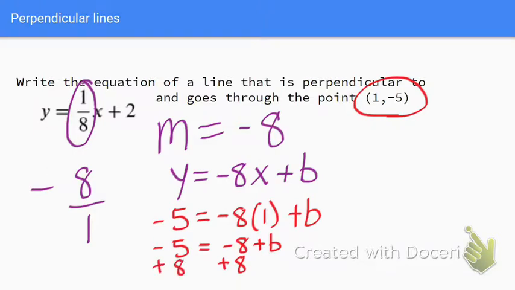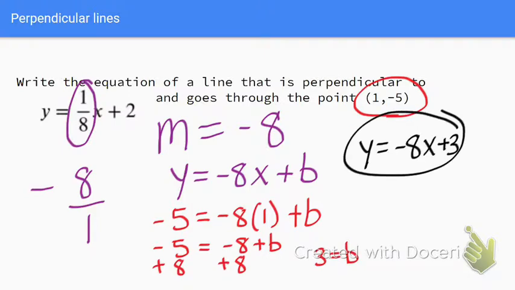You should get that your y-intercept is 3. We'll put it all together and write the new equation. The new equation is y equals -8x plus 3. Questions on finding a perpendicular line?